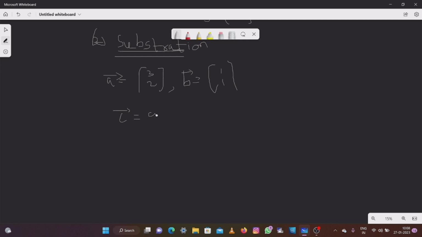So here a bar minus b bar. c bar equals, applying directly, 3 minus 1 and 2 minus 1, which equals 2 and 1. So the answer for c bar is 2 1.